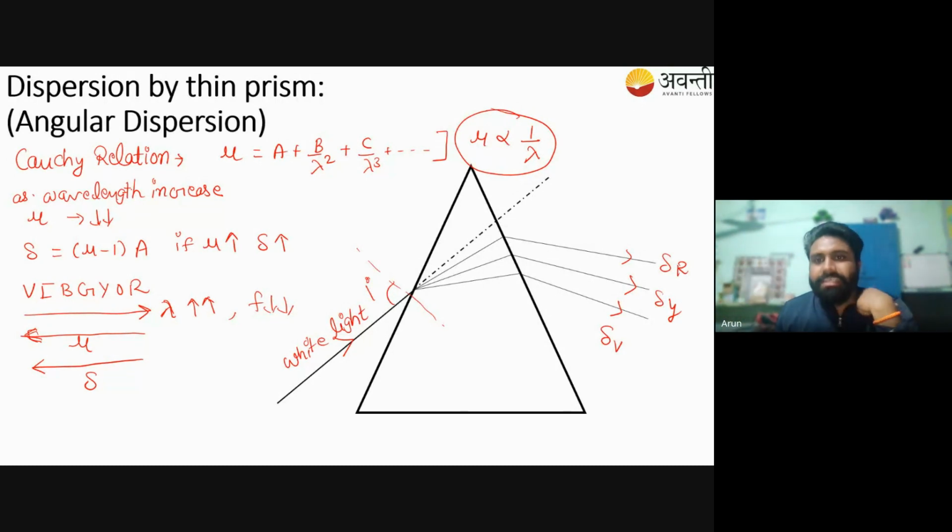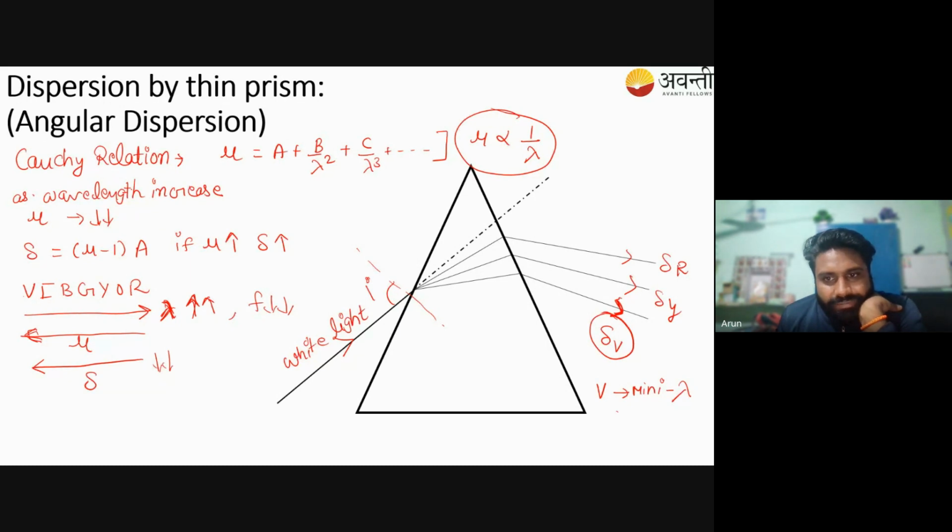So you will see here this delta V, why I have placed it in this line also. Violet color has the minimum wavelength, and if wavelength increases, the delta decreases.